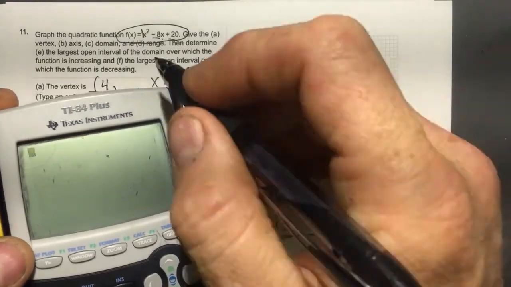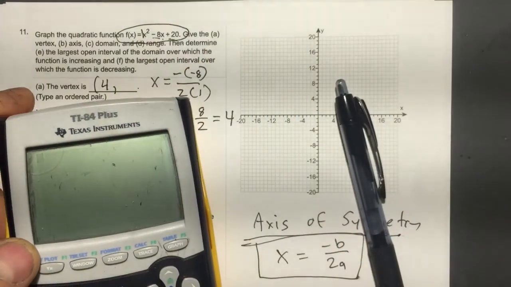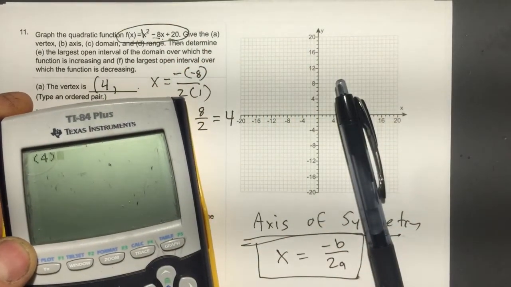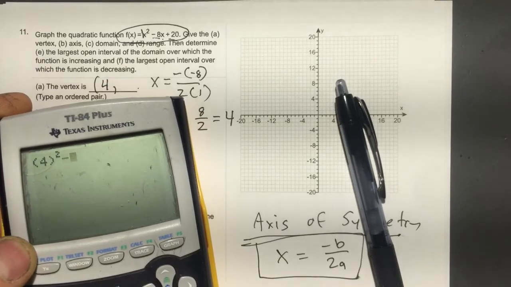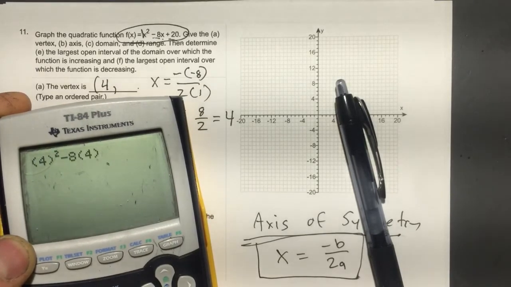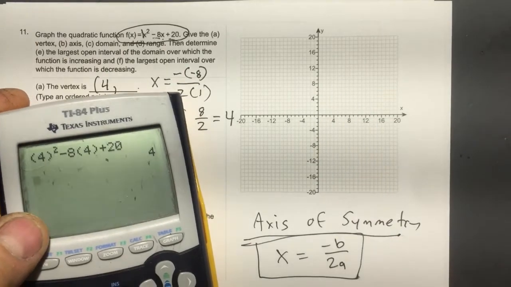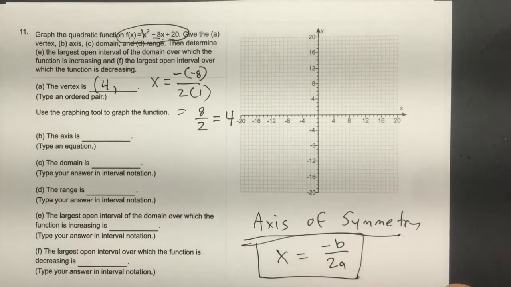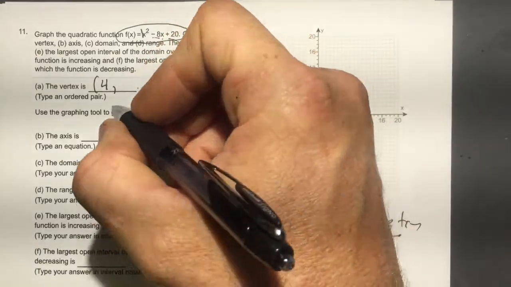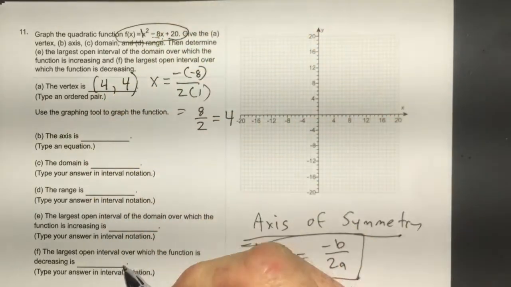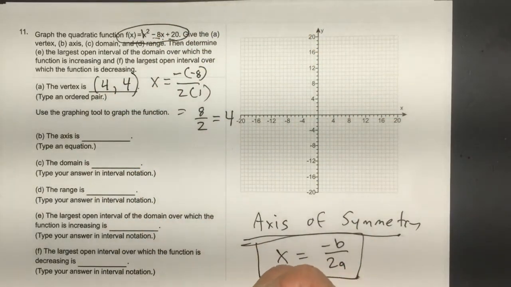So I'm just going to type 4 in for x. I'm going to have, in parentheses, 4 squared minus 8 times 4 plus 20. And I'm getting 4. All right, so my y is 4. So the answer is 4, 4.